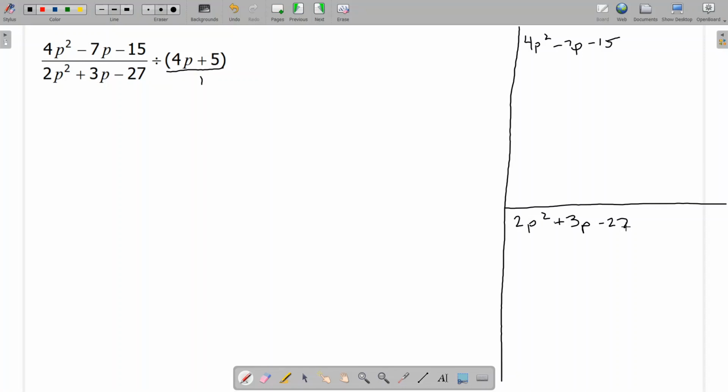All right, so for the numerator, we really need to find two numbers that multiply to -60 and add to -7. So that would be -12 and +5. So now we really have 4p squared minus 12p plus 5p minus 15.